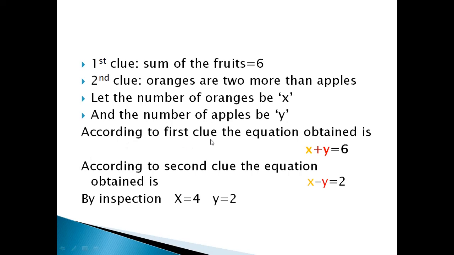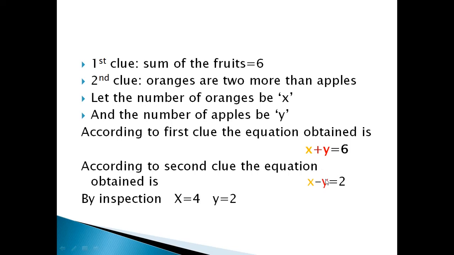So according to our first clue, what does it become? x plus y is equal to 6. That means the oranges plus apples is equal to 6. And according to the second clue, the oranges are 2 more than the apples. That means x is equal to y plus 2.